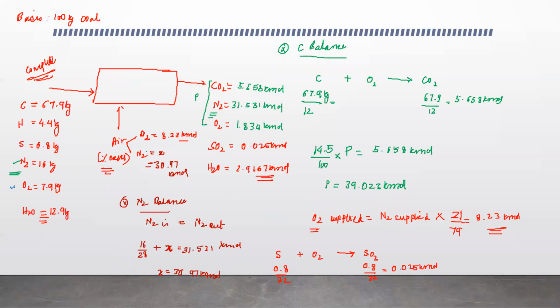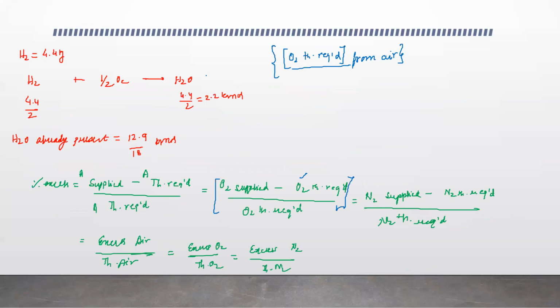Because this coal already contains oxygen, so we don't need the entire oxygen needed for combustion from air. We already have some oxygen, so we'll use this, and the extra oxygen that is needed for combustion, we'll ask from air. So that has to be kept in mind.